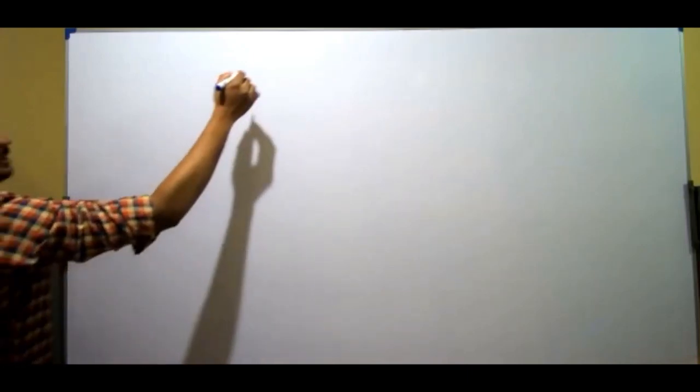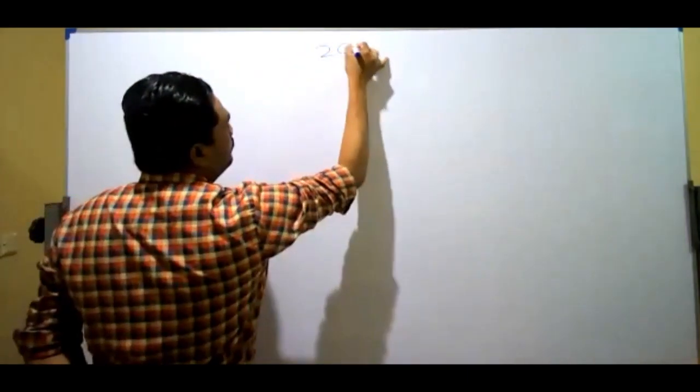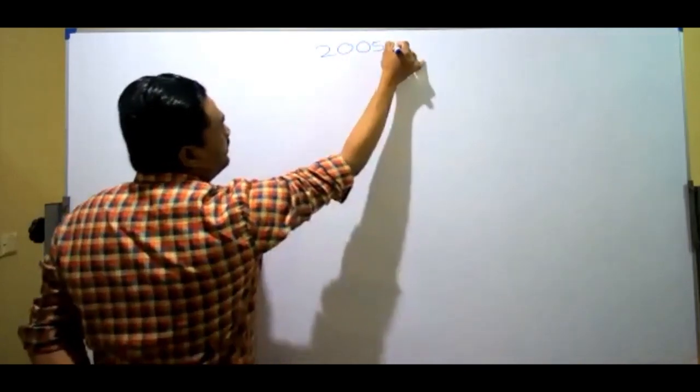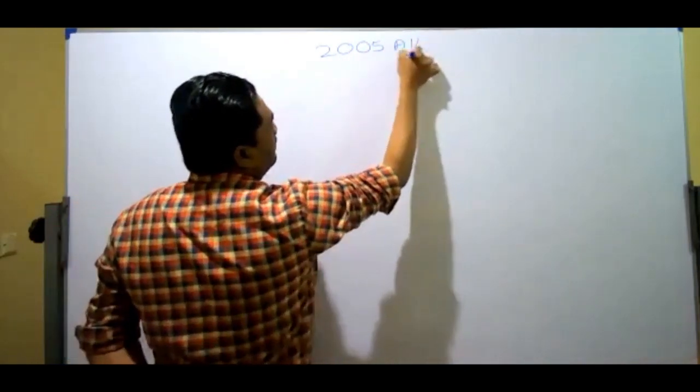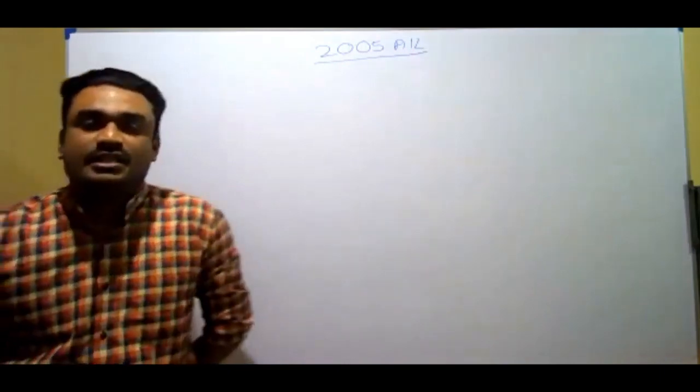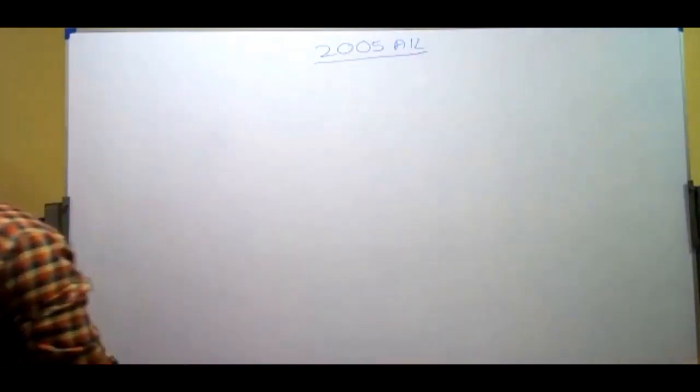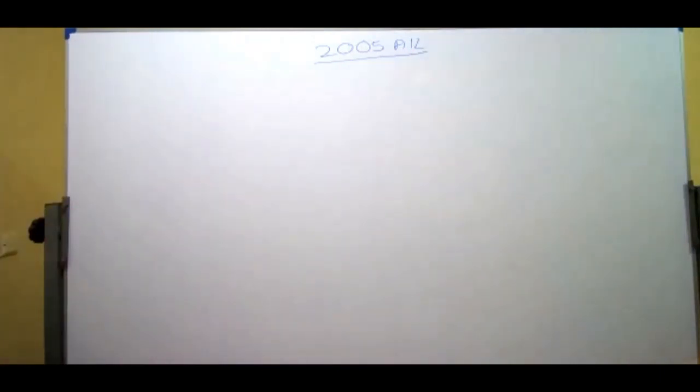I think the board is clearly seen. The given equation, the moment of inertia of a panel, is given by a square plus b square divided by 12. This is the 2005 AL first question, which is from the mechanics lesson.